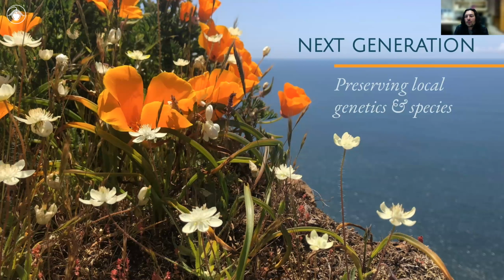So to wrap things up, I think that for many of us who care about California plants and who think about the California Floristic Province and its diversity, conservation and protection of these species going forward is vitally important. And that goes back to a lot of what we discussed today in terms of management strategies, but also in how we collect seeds and preserve local diversity or maintain species that may be at the edge of or facing extinction.